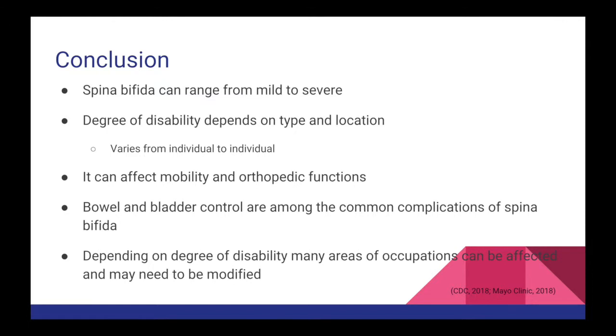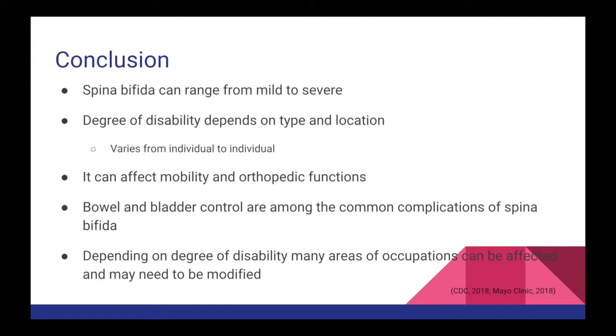In conclusion, spina bifida can range from mild to severe and can affect physical and cognitive function. The degree of disability really depends on the size, type, and location of malformation. So this can vary from person to person. It also affects mobility and orthopedic functions, as mentioned previously.